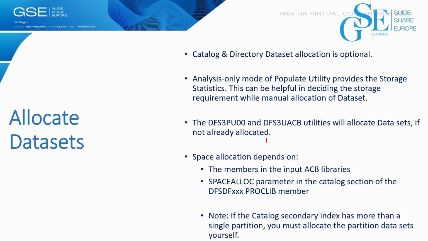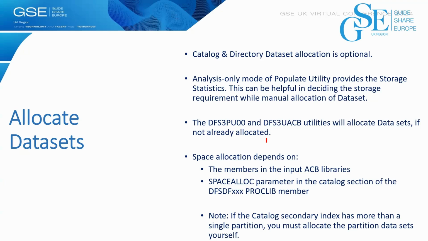So let's talk about the allocation of all these data sets: the catalog database data sets, the bootstrap data set, the IMS directory data sets, the active directory, or the staging directory data sets. The allocation is basically optional, because the IMS catalog populate utility can allocate them for you automatically when you populate the catalog for the first time.